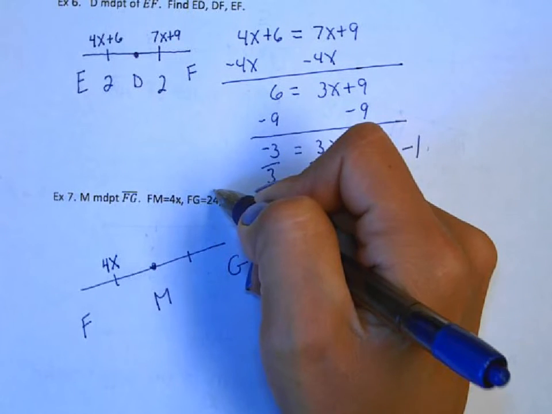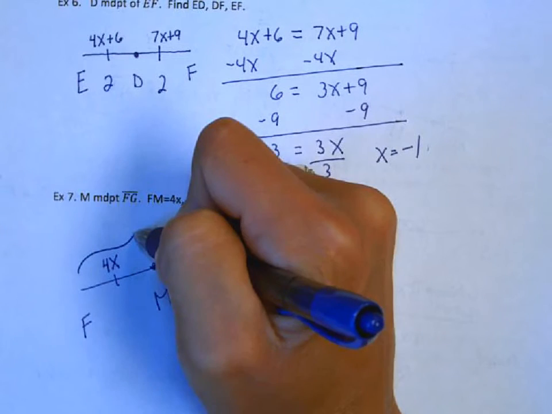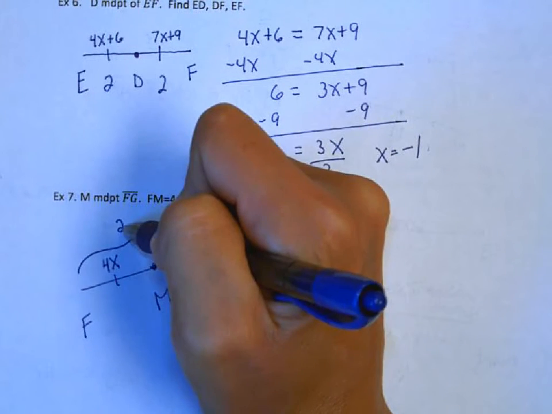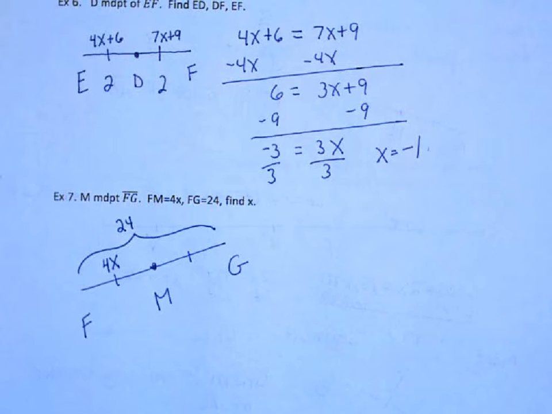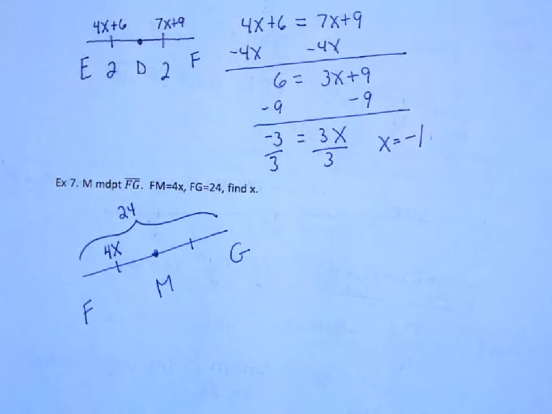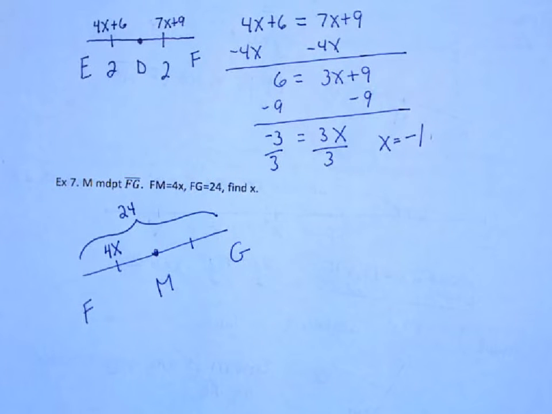F to G is 24. Find x. There's a couple different equations you can start out with here. Think about an equation, write down what you think is going to work, because I think we're going to get a couple different ones and they're both going to work. Write down something you think is going to work here for an equation. If you need to scratch it out after, you scratch it out after.